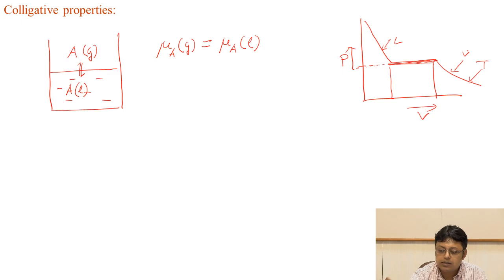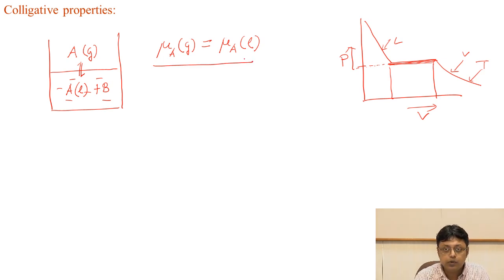We already discussed it. So if we start from that, and suppose we have a second component now, B, which is a solute, say some salt, we add it into water. When we are considering boiling, it is the boiling of water, not boiling of the salt. So this condition still holds.